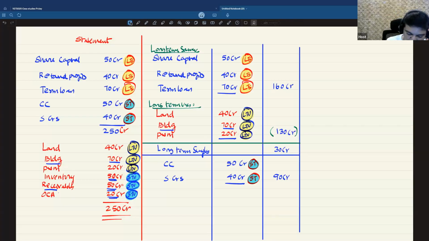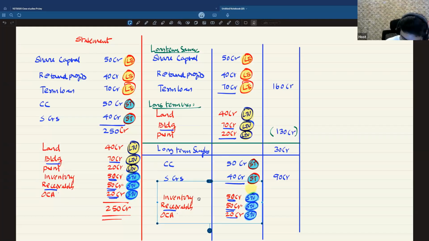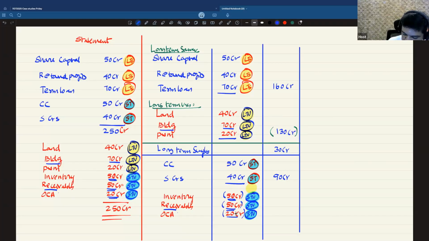And let us also look at their short-term use. Look, they have short-term use over here. This is their short-term use. And let me put that over here. Okay. So here we have the short-term use. Their short-term uses, let me put that in bracket to understand it is a usage. Their short-term use is actually 50 plus 50, 100 plus 20, 120 crore.